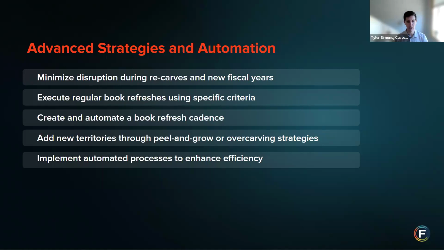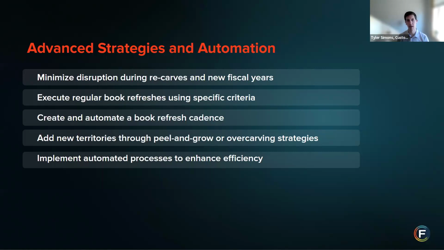Having a regular cadence of pulling accounts out of territories and putting net new ones in. That cadence can be anything you choose, but the point is to take accounts that maybe were not high propensity at the start of the year, and now 6 months down the road they have intent to purchase, and we want to make sure that they get into a territory and a rep is working them.